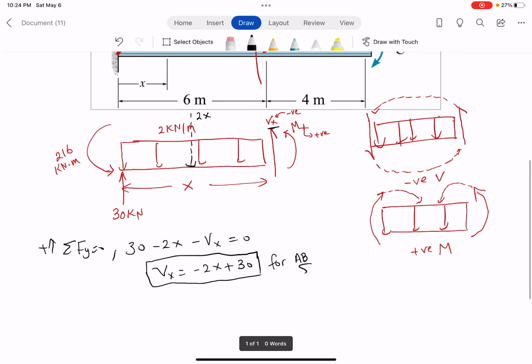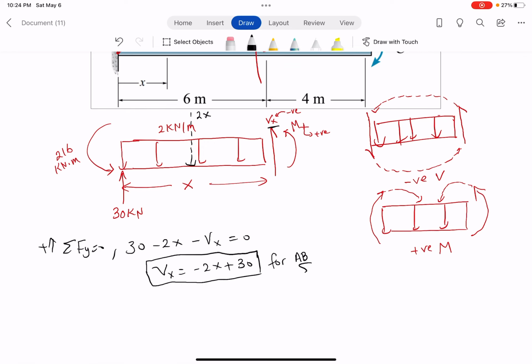Okay, let's go for the next one, moment. So if you do summation of moment equal to 0, this is negative, then this moment is plus Mx, this one. And this force, 2x, will produce a positive moment.